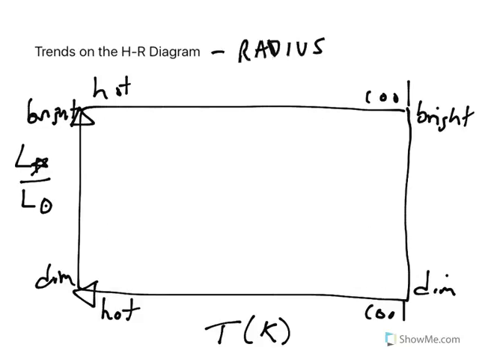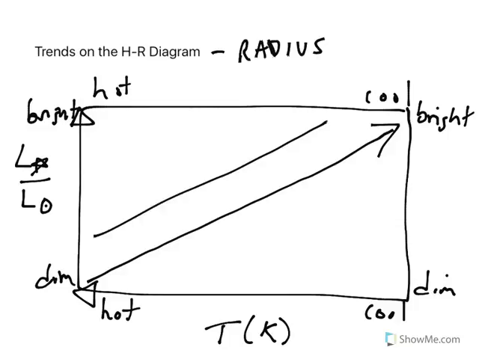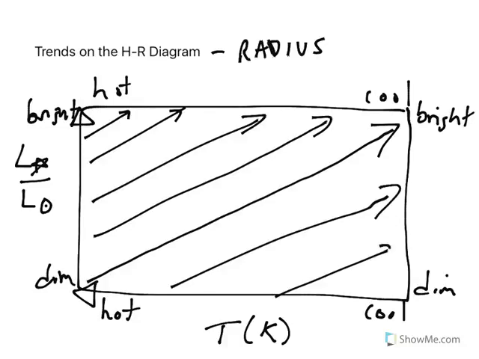Now let's look at the trend of radius, or how big the star is. Radius increases from the lower left to the upper right corner, and it increases everywhere across the diagram. So if I compared a bright blue star to a dim blue star, which star is larger?